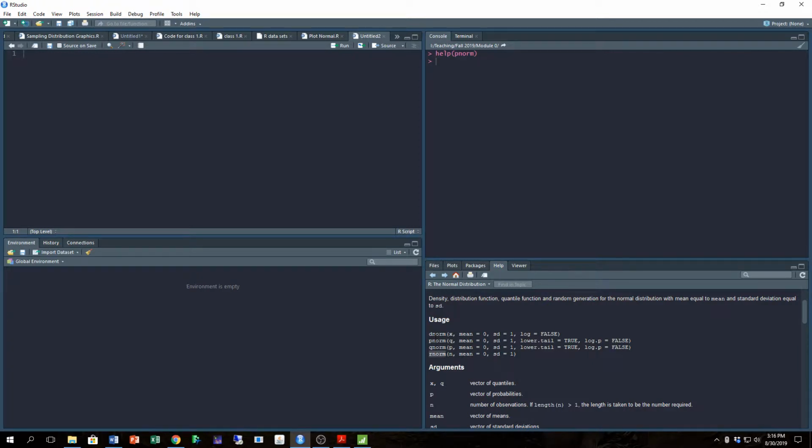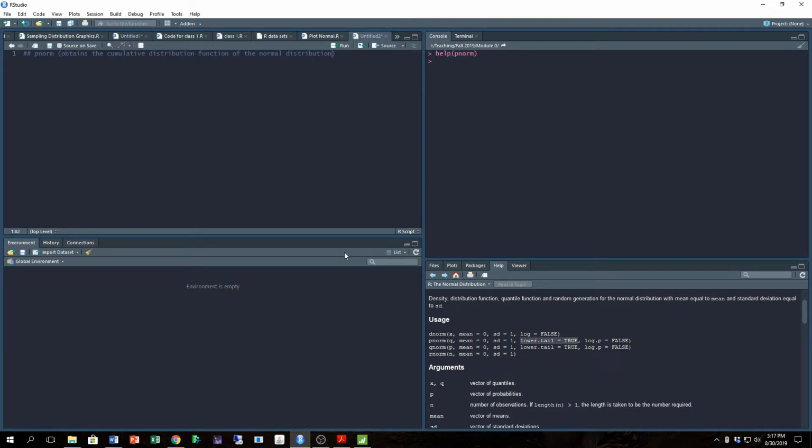But we're going to focus on this one here, pnorm, which obtains the cumulative distribution function of the normal distribution. You can see in these notes that it needs the mean of that normal distribution and the standard deviation. There are other parameters, and we'll see later what this lower tail means.